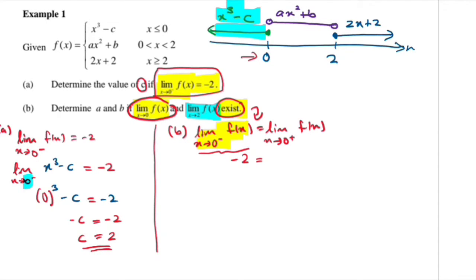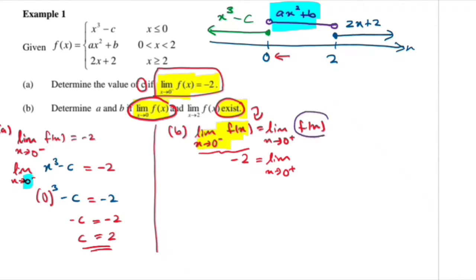Next, what you can do is solve the right side, which is finding the function from the right side of 0. The nearest function from the right side of 0 is ax squared plus b. So replace your f(x) with ax squared plus b.